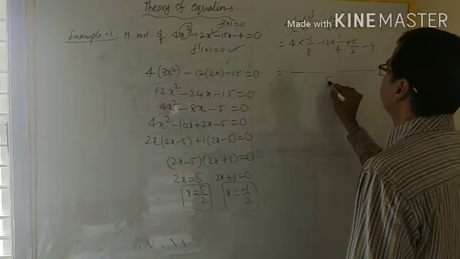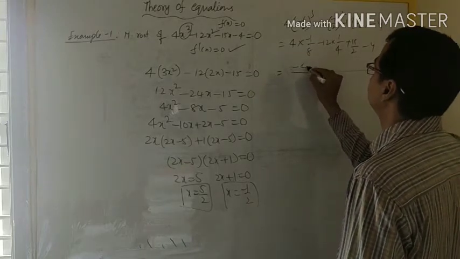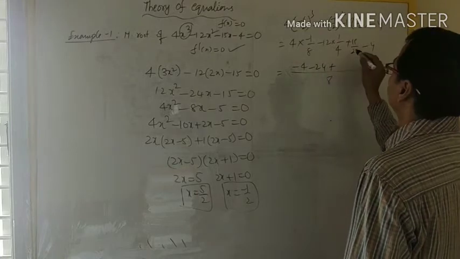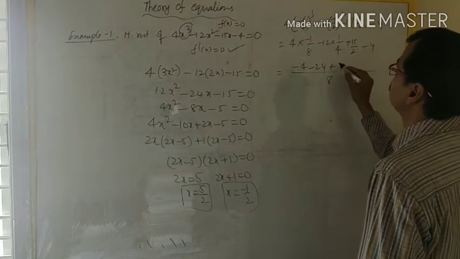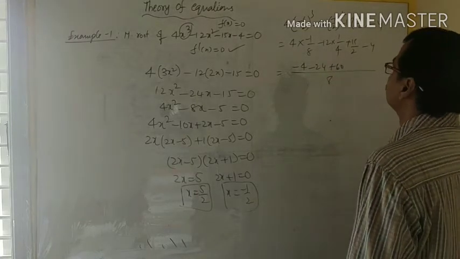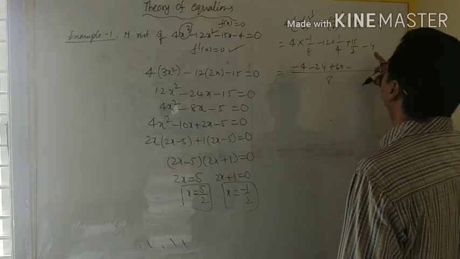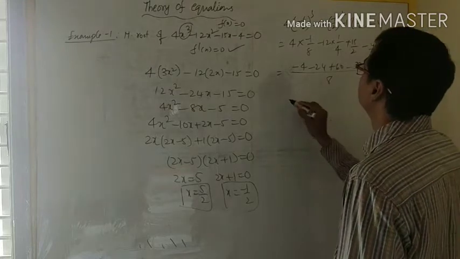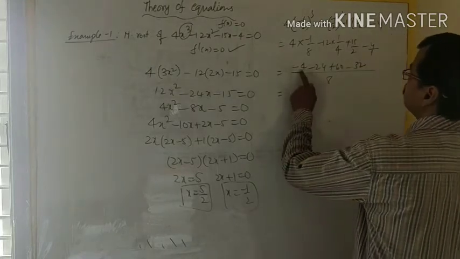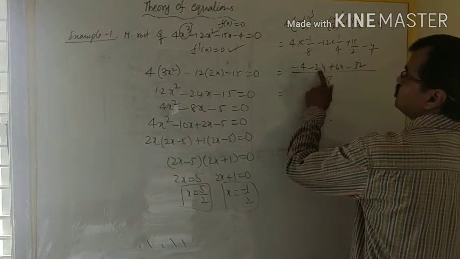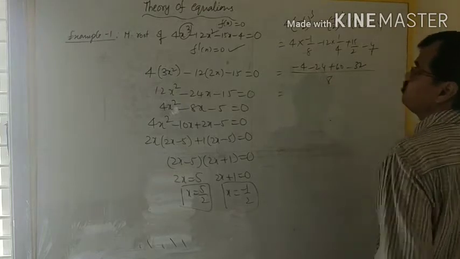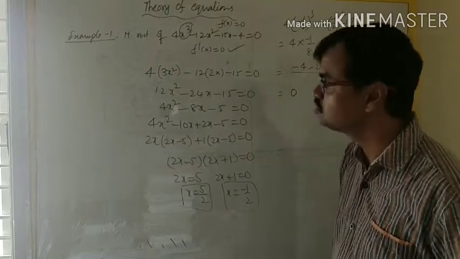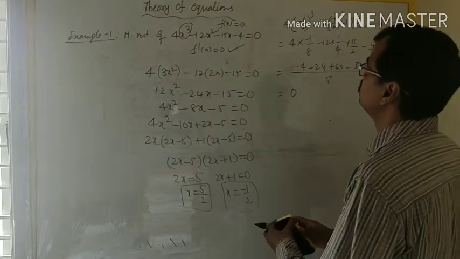The LCM is 8: minus 4, minus 24, plus 60, minus 32. So minus 4 minus 24 is minus 28, minus 28 minus 32 is minus 60, plus 60 is 0. That means minus 1 by 2 is the multiple root of this equation.